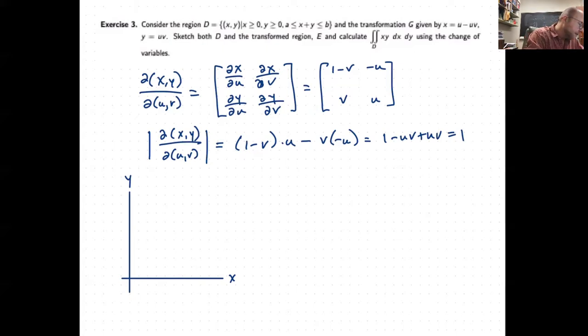And then the next bit of it says that X plus Y is between A and B, okay?